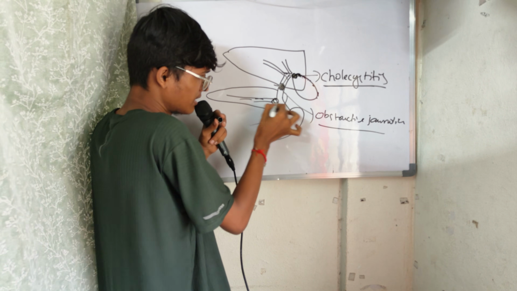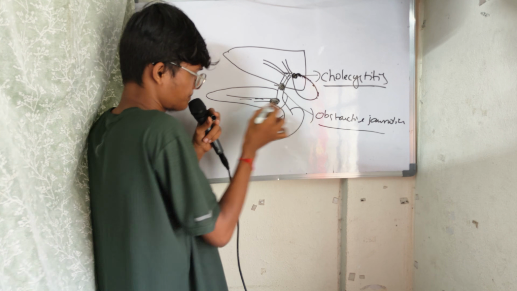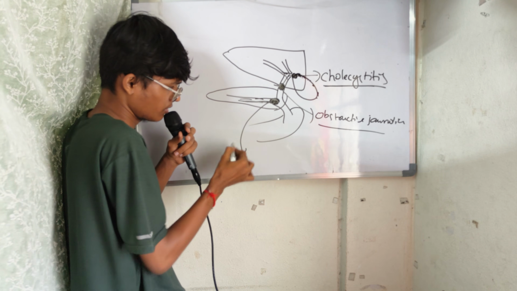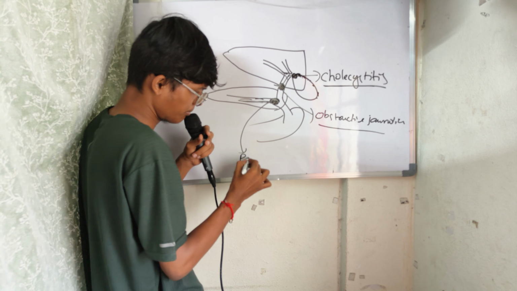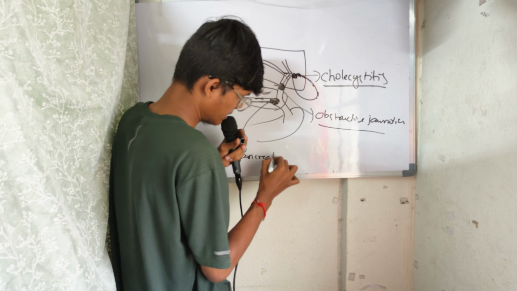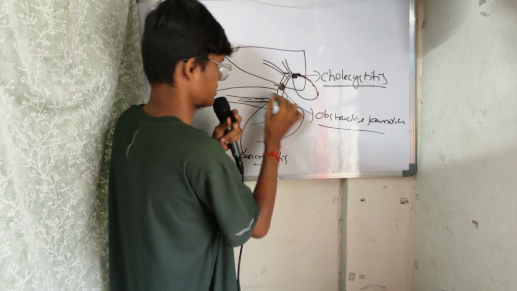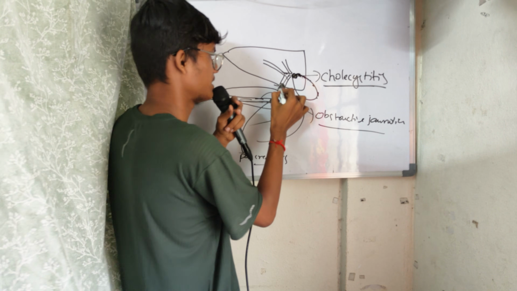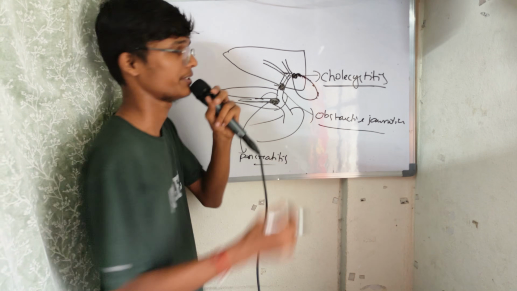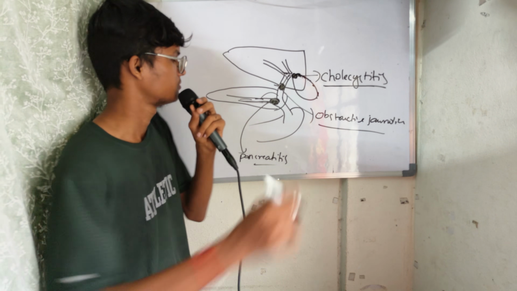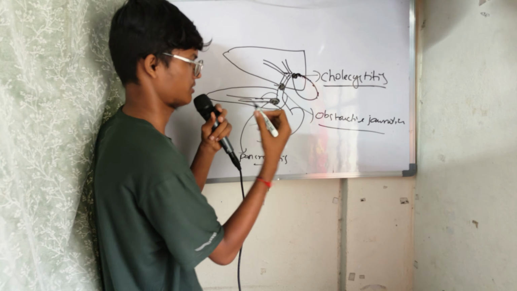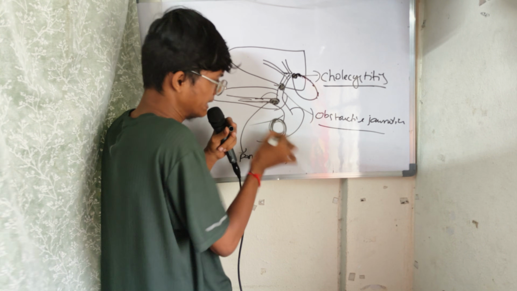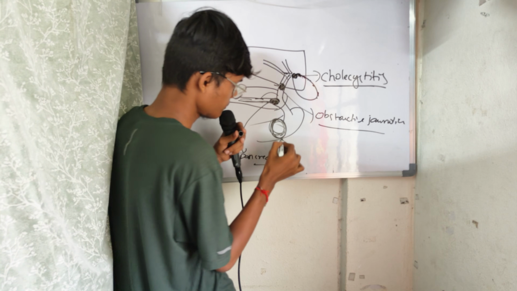If it is making obstruction in the pancreatic region, it might lead to pancreatitis. It might cause inflammation in the pancreas. So wherever it goes, it creates inflammation there. But here in the bile duct region, it might lead to obstructive jaundice.